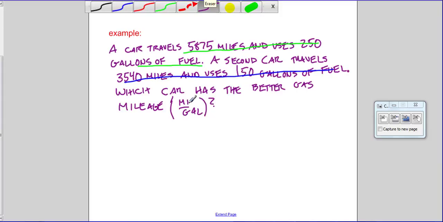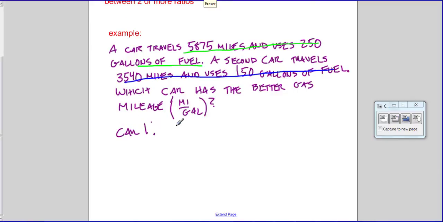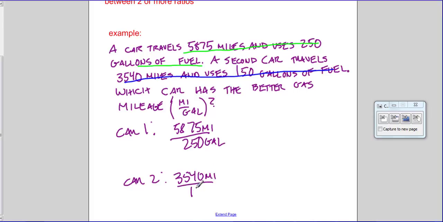So we're going for the first car, we'll call it car 1. We get 5,875 miles on 250 gallons. In car 2, we get 3,540 miles on 150 gallons. So to get the unit rate, we divide the numerator by the denominator.